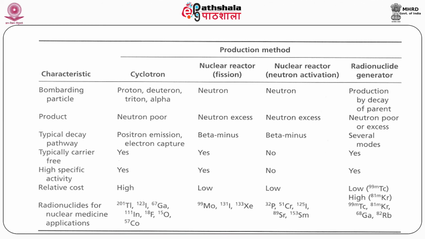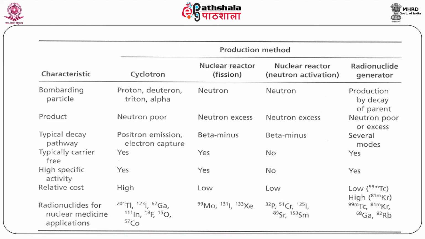Isomeric transition is there in case of molybdenum. And whether it is carrier free or not is a very important thing. Yes, it's carrier free in cyclotron because bombardment of the target takes place by proton or deuteron. In nuclear reactor also, sometimes when fission takes place, it is carrier free, but in activation it is not carrier free.